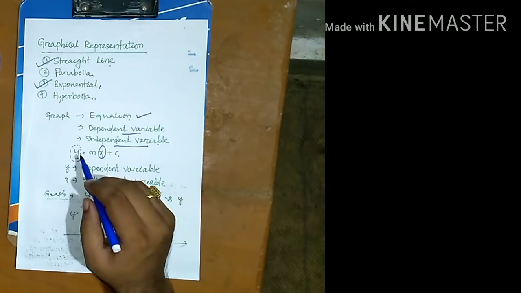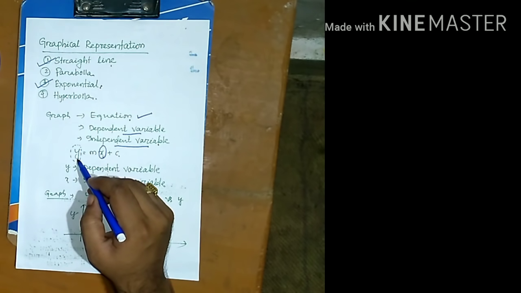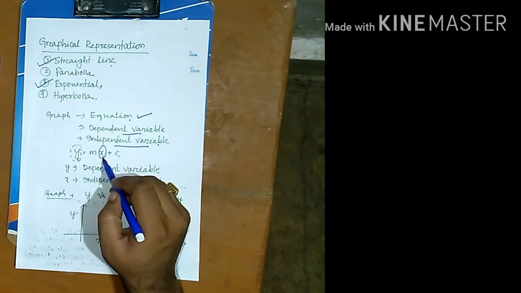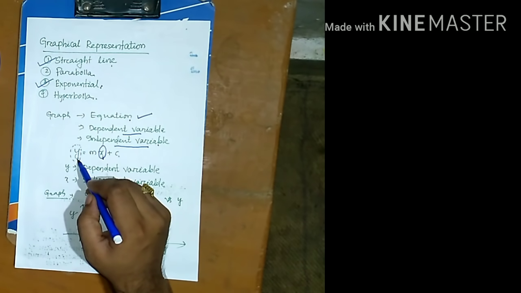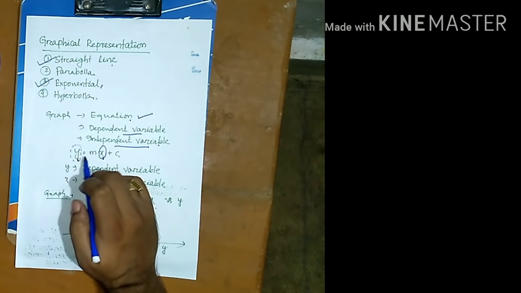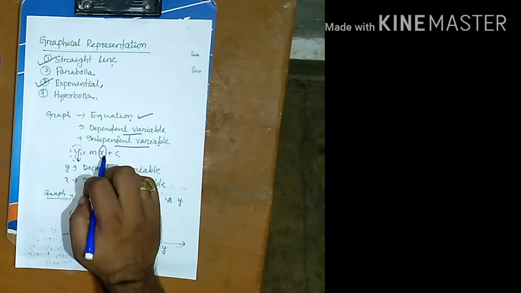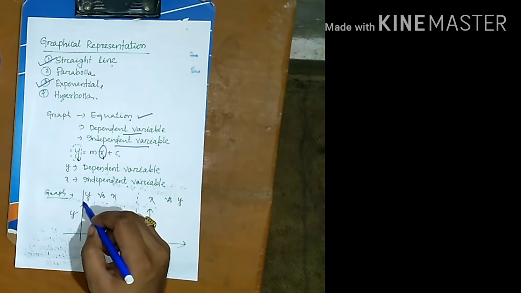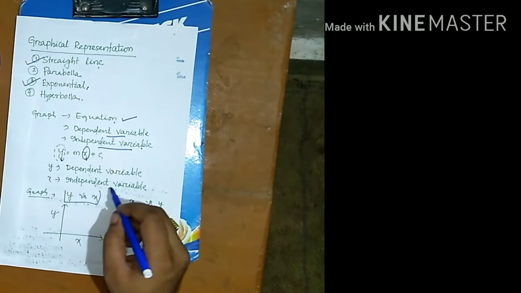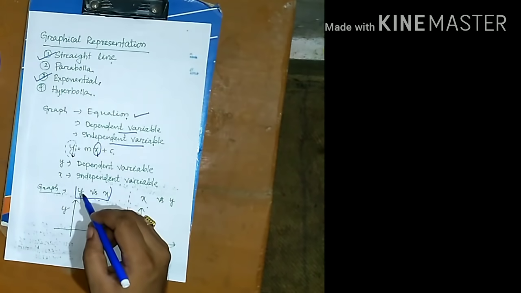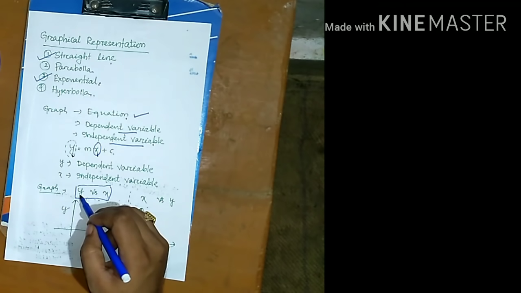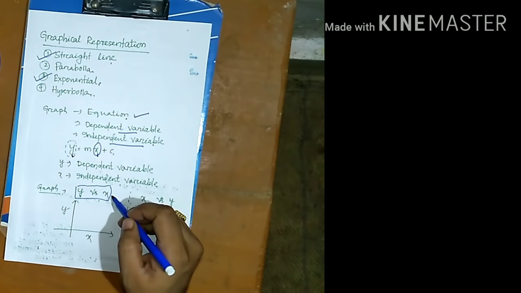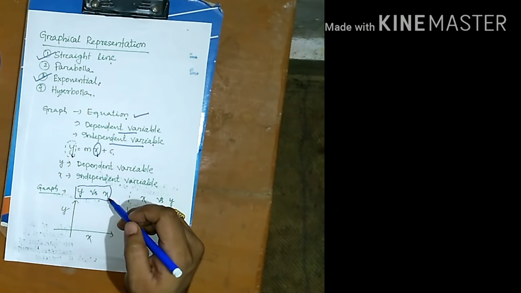That means the value of y always depends upon the value of x. And whenever a graph is asked, that is y versus x, it means here y is the dependent variable and x is the independent variable.